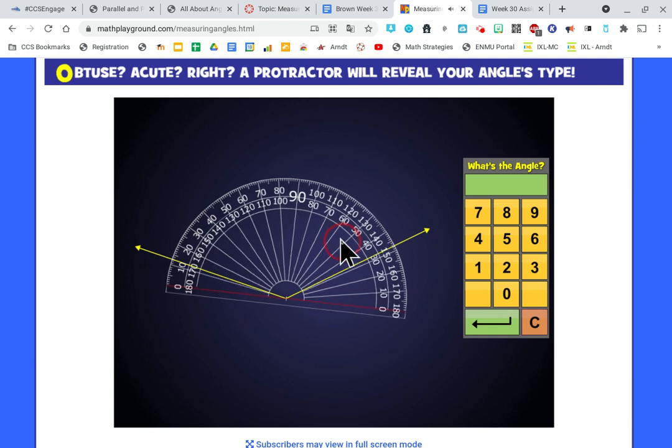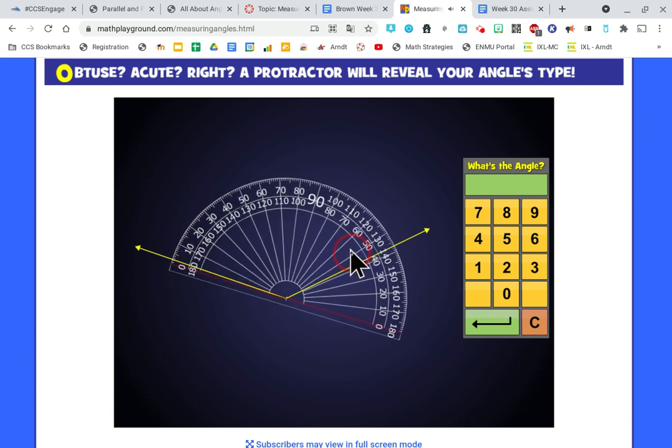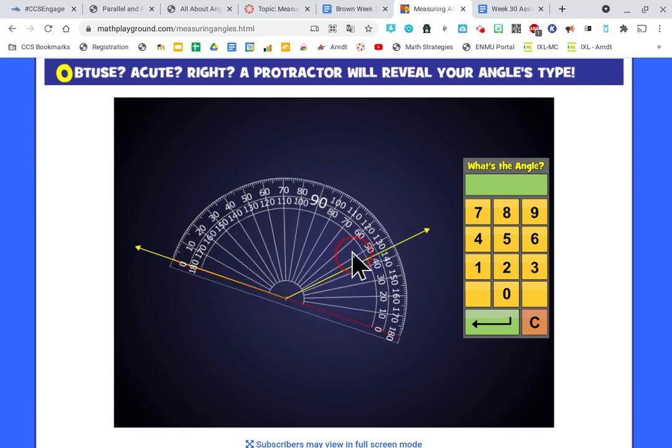I'm going to click and I'm going to turn. Notice my yellow line is going right through that red line. Now, we have to measure this angle. So you have to decide, am I using the outside row of numbers or the inside row?